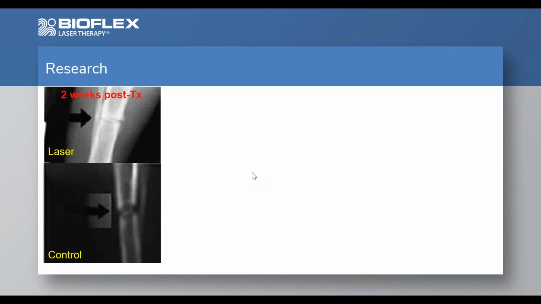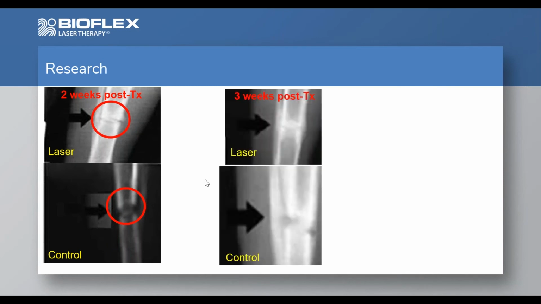If you look, this was 2 weeks post-treatment. You can see the difference between the laser treated and the control treated. Significant, you can see in the laser treated, significant callus formation, whereas the control was still fairly open. 3 weeks out, you can see a continuation of nice bone healing for the laser group and still quite a gap and certainly significantly less callus formation.